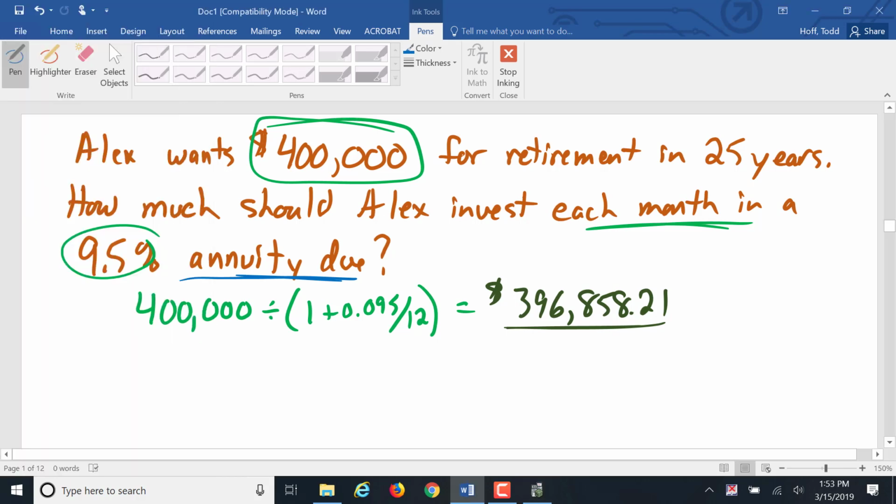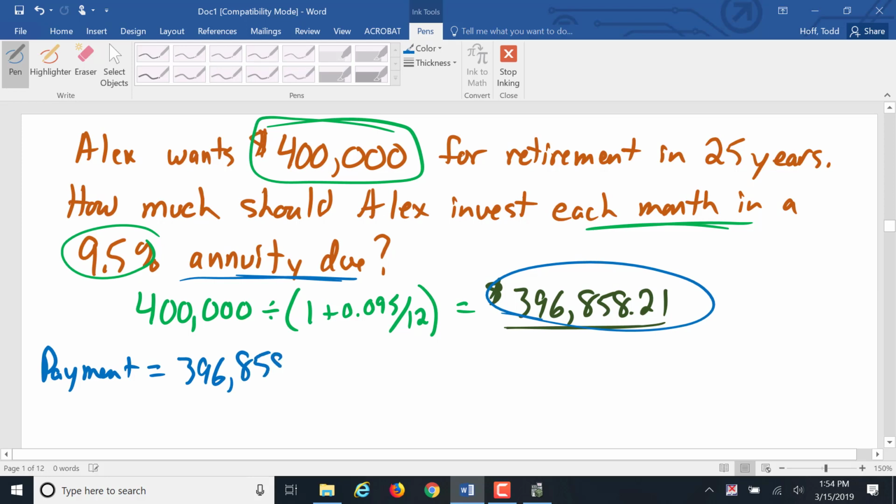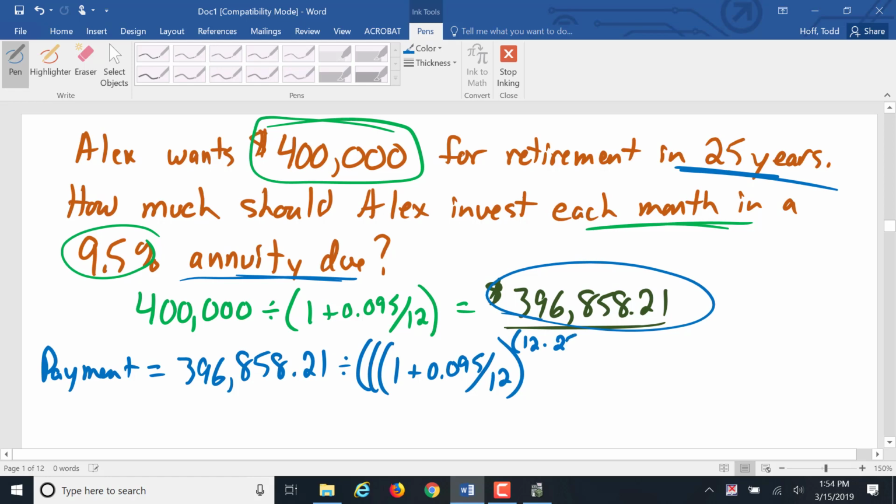So my required payment here is equal to that future value, $396,858.21, divided by, open parentheses, 1 plus my rate of 0.095 divided by 12, since it is monthly, 12 months a year, to the power of 12 times 25 years, minus 1, close parentheses, divided by, open parentheses, 0.095 divided by 12.